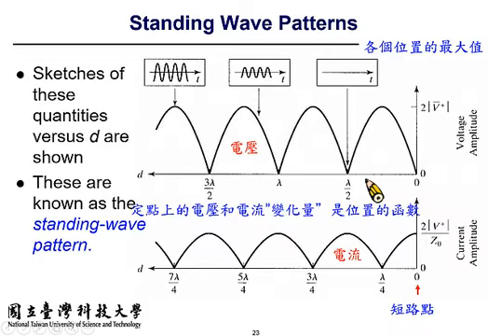You can observe the voltage minimum and the voltage maximum. As the horizontal axis suggests, the separation between voltage nodes is half a wavelength, and the distance between voltage maxima is half a wavelength as well. Note that this is the maximum voltage observed on the line.